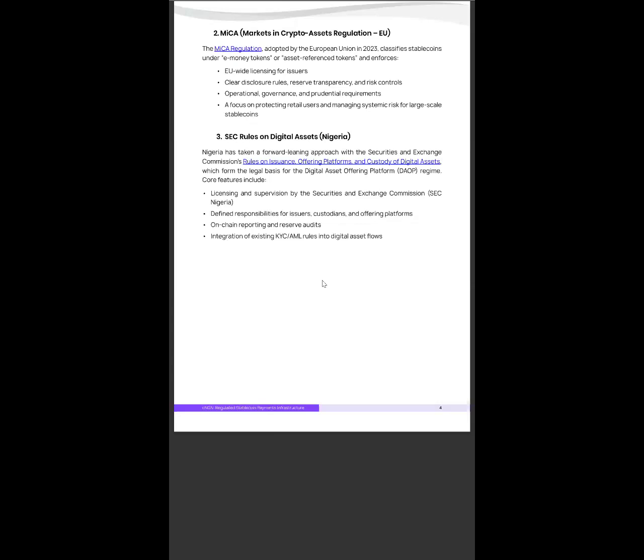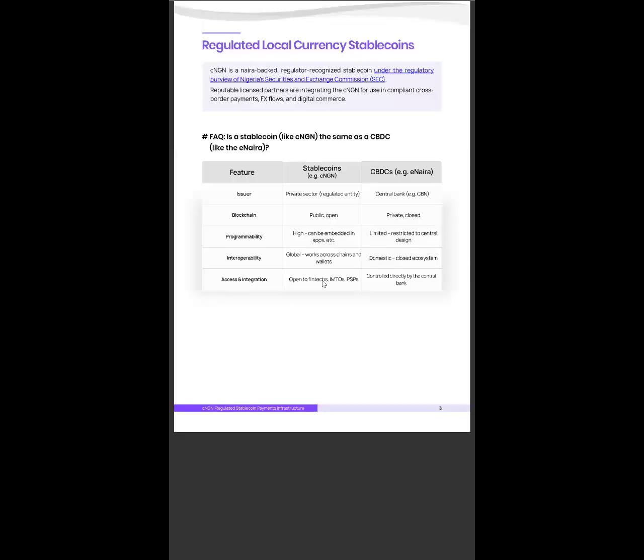And fortunately, we were the only ones qualified so far to issue the naira-based stablecoin in Nigeria. So, a question we get often, but before even that, let me introduce cNGN. cNGN is a naira-backed, regulator-recognized stablecoin under the regulatory purview of Nigeria's SEC, right?